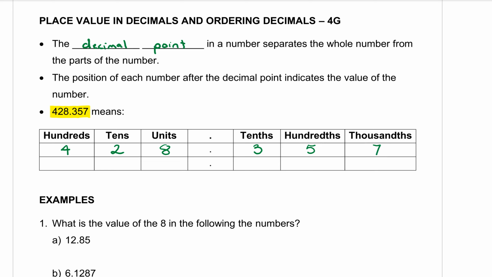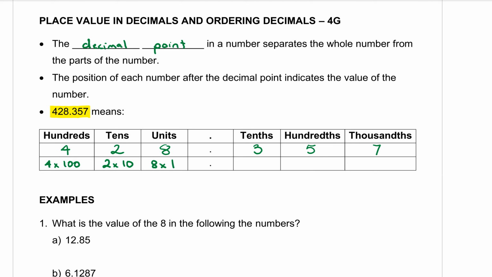Now, we could write that in a different way. So in the second row here, 4 hundreds could be written as 4 lots of 100. Tens, 2 tens, could be written as 2 lots of 10. Units means ones, so that's 8 lots of 1.